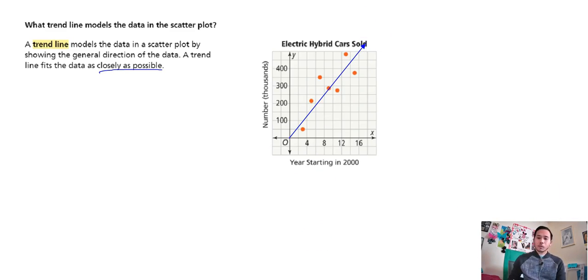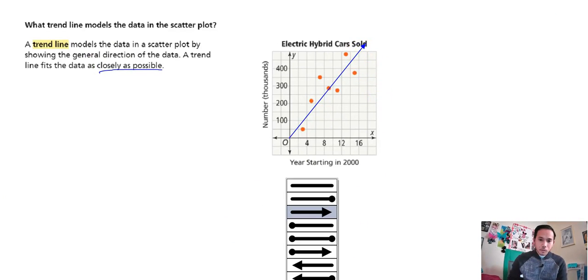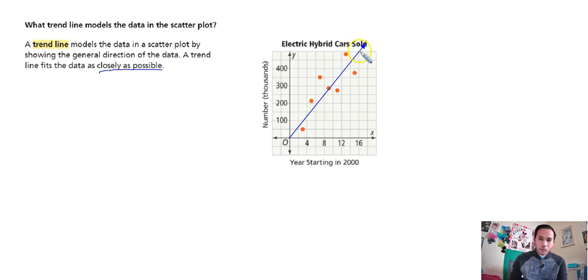I'm going to put this one as a point here. So look at that point here. So this point is 16, located at 16,500. Okay, so we are going to look for the trend line.